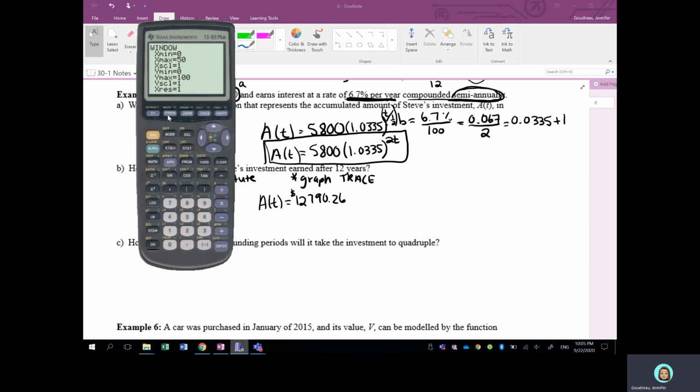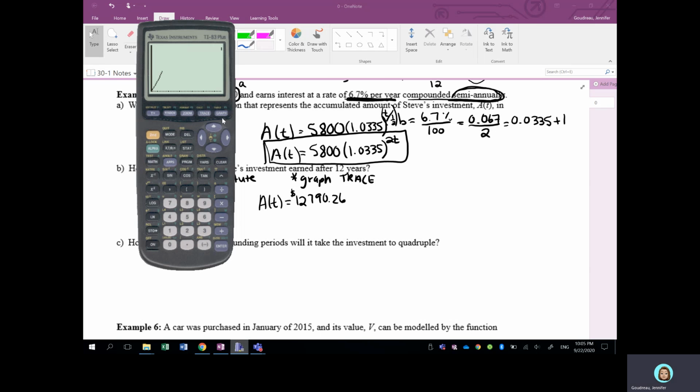Yes, we are. So X minimum is going to be 0. X maximum, I don't know that we need 50 years here, but we'll put it there. Our Y minimum, so here our Y minimum is the 5,800. And again, I don't know how high I'm going to go with this, but let's go as high as, let's say, 15,000.